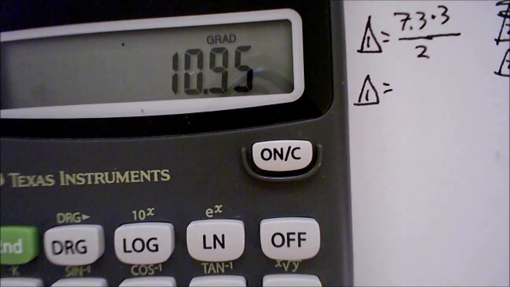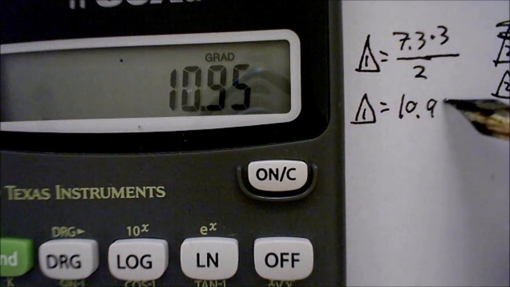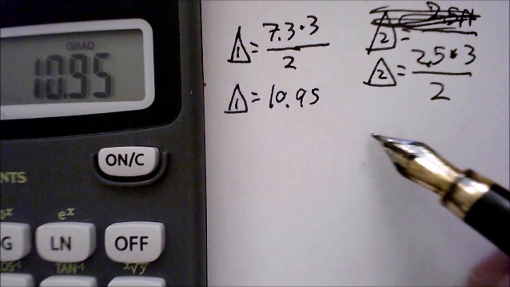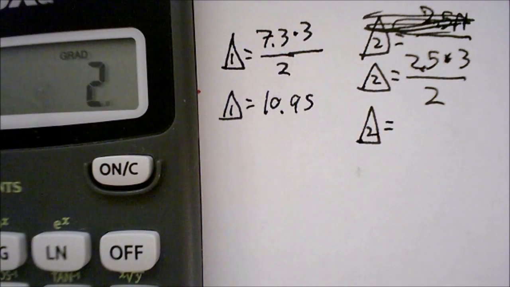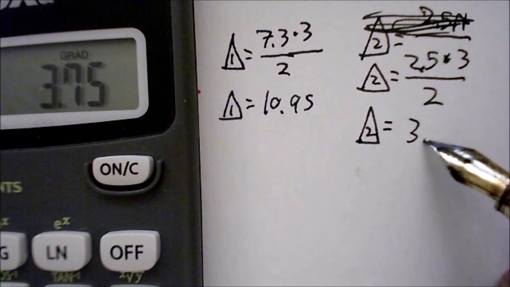This gives us an area for triangle 1 of 10.95 feet. For triangle 2, we have 2.5 times 3 divided by 2, and that will give us an area of 3.75.